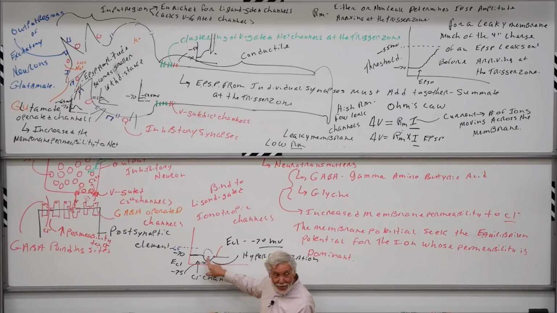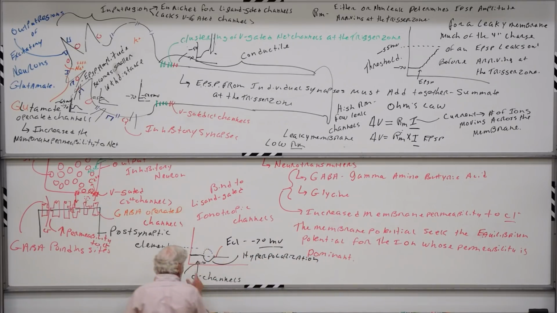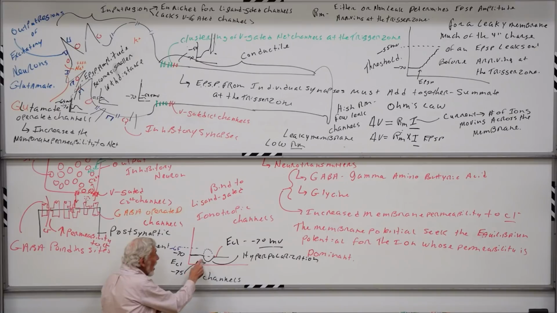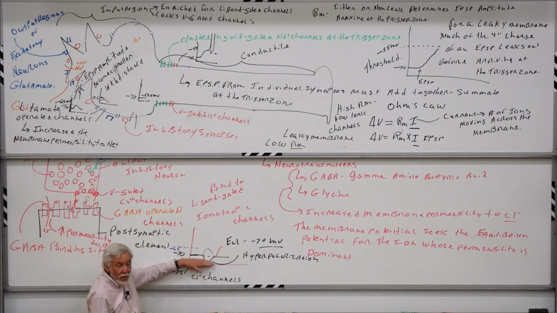It's not going anywhere. It's stuck at minus 70 because the membrane potential seeks the equilibrium potential for the ion whose permeability is dominant. The equilibrium potential is minus 70, so it goes nowhere. Now, that's inhibitory too, because if we start to try to add some positive charge, we effectively use the predominant chloride permeability to hold the membrane potential at that point.